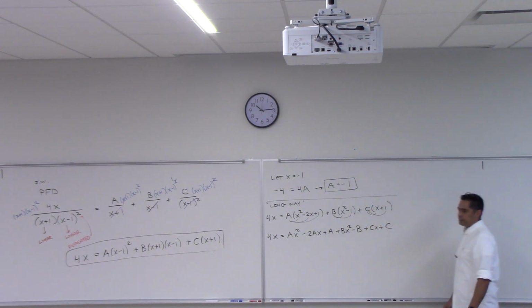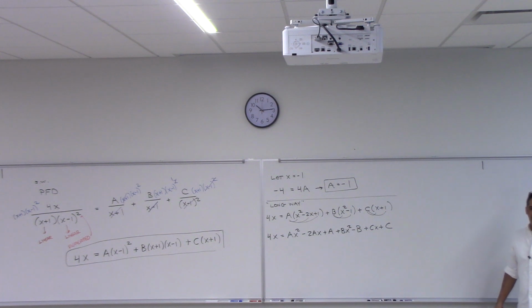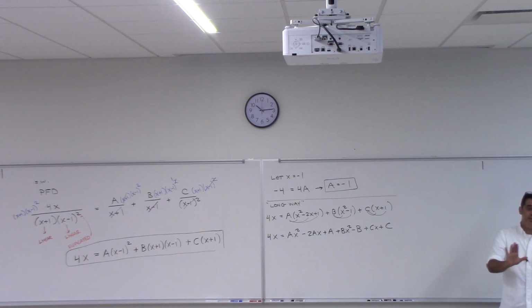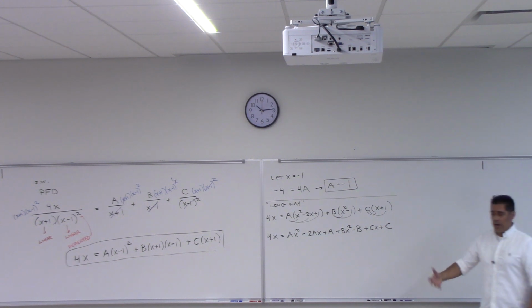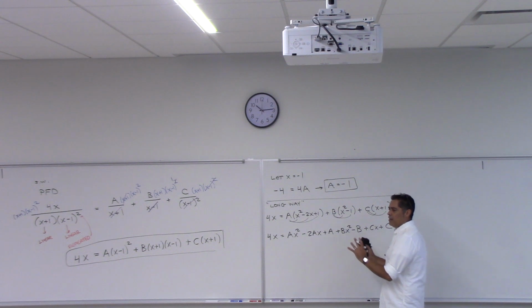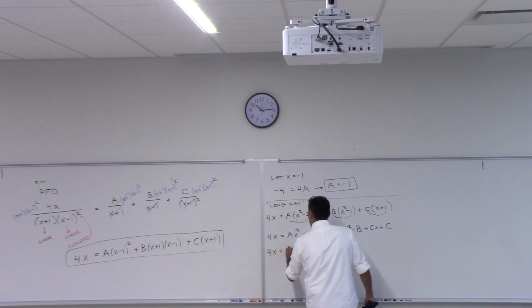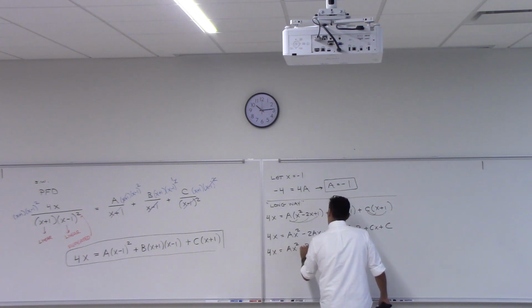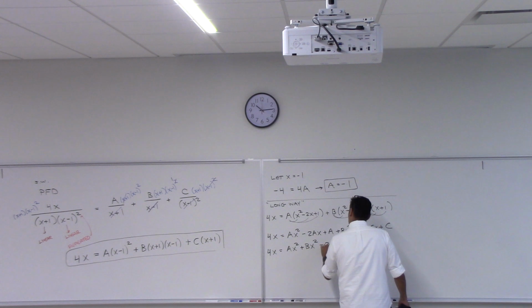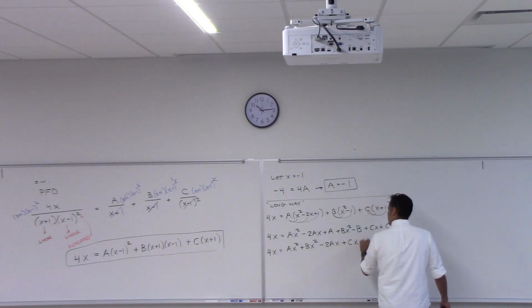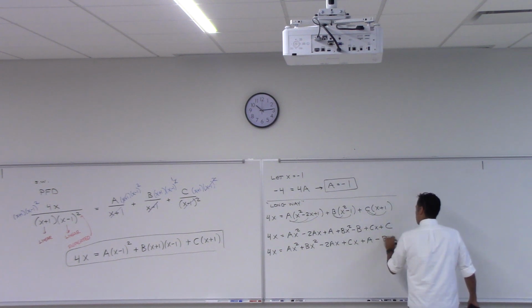Is that all right? Now, the reason I did that is still not obvious to you yet. Let me continue. What I'm going to do now is I'm going to clump my powers together. So I'm going to say, 4x equals ax squared plus bx squared minus 2ax plus cx plus a minus b plus c.